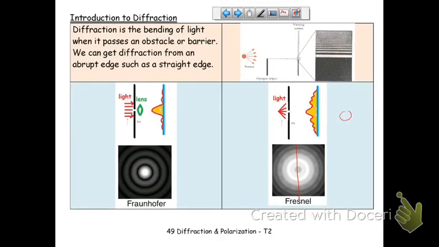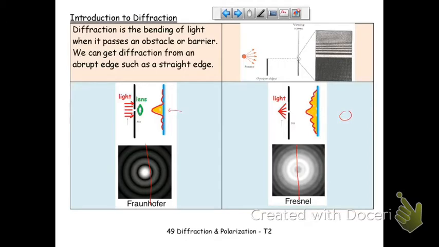If I were to move this a long, long way away, then I would see a pattern that looks more like this, where the minimums do go to zero. In intensity, I'd see a pattern that looks like that.